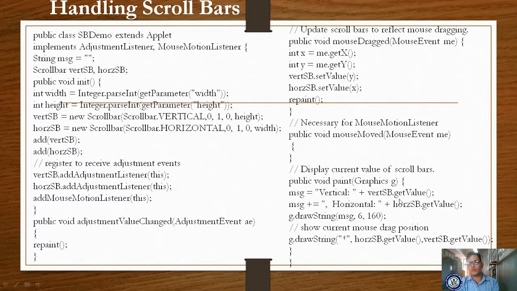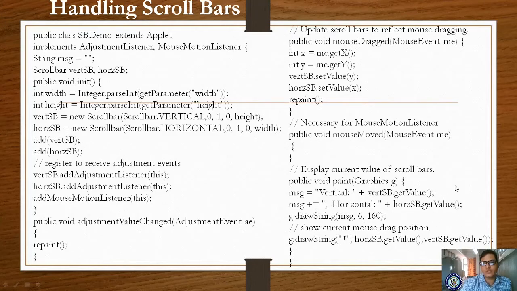Vertical scroll bar dot get value accesses whatever value you have assigned. And message is equal to horizontal, plus the horizontal scroll bar's get value.